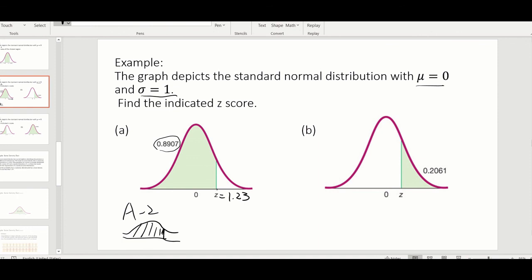Now let's look at the B part. What's given is the area to the right of this z-score. But we know on the A2 table, what you're given is the area to the left. So what you need to do is find the area to the left of this z-score, which is 1 minus 0.2061.